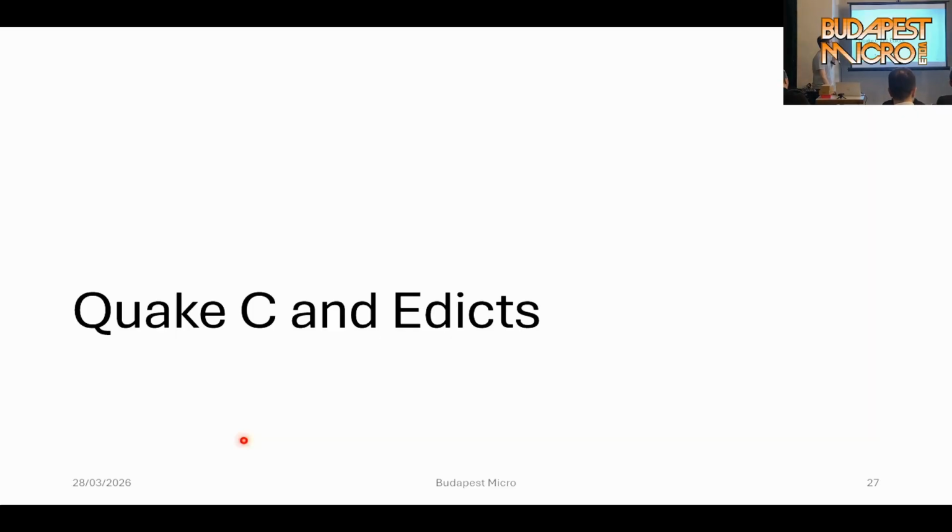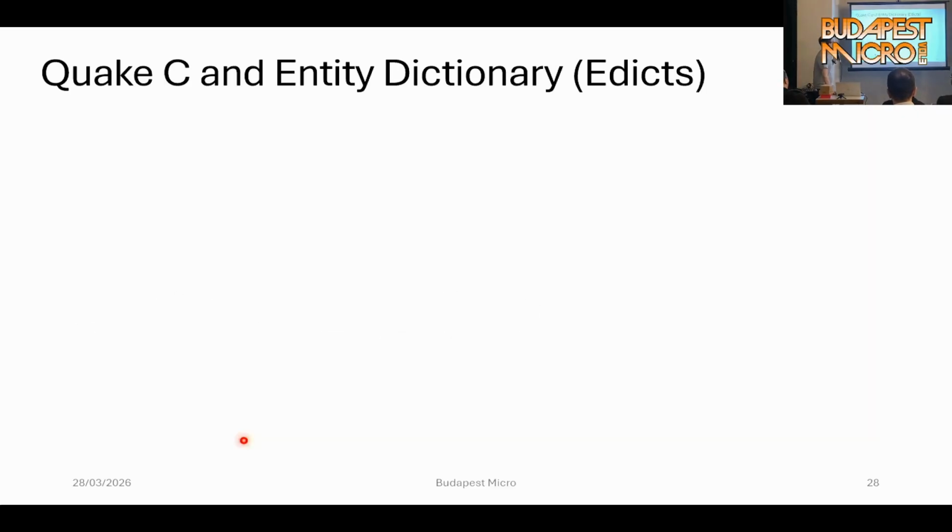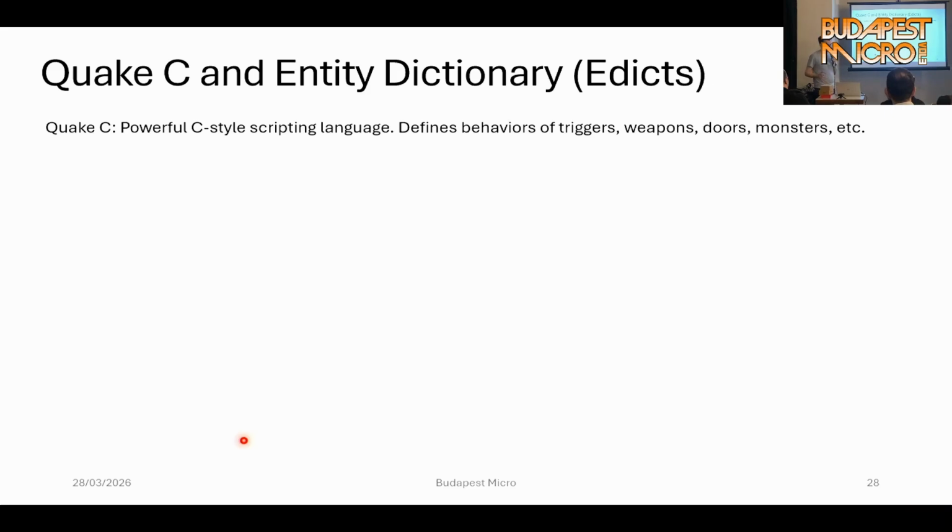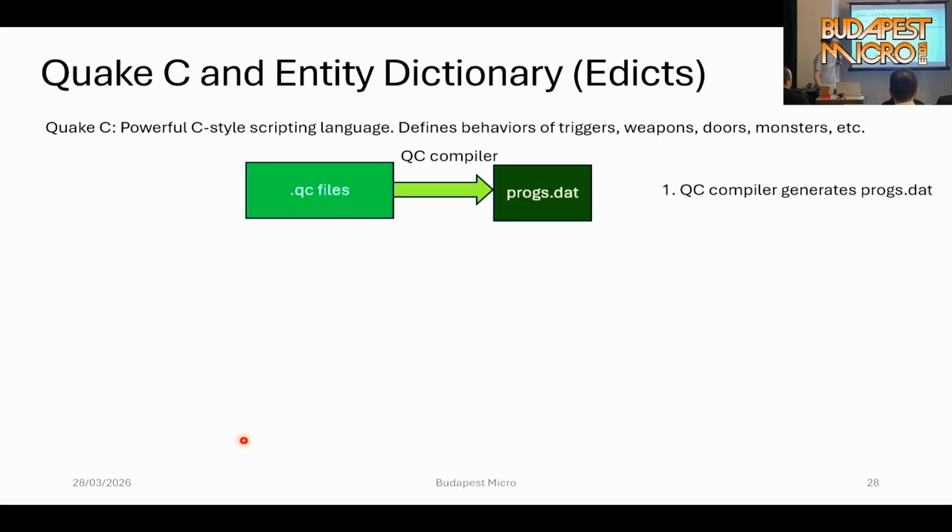So, first of all, QuakeC and edicts. QuakeC is a powerful scripting language that defines behaviors of everything: monsters, bullets, triggers, weapons, doors, and whatever. And it goes like this.